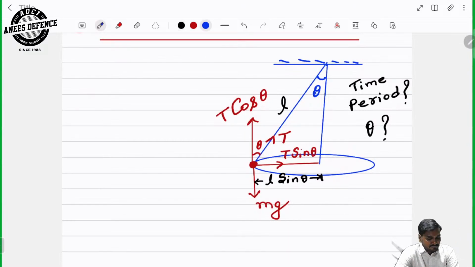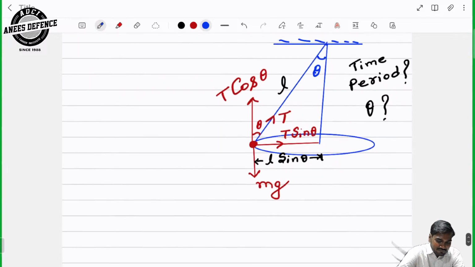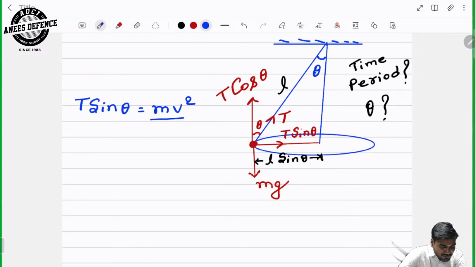The first trick is to find the centripetal force. Centripetal force is T sin theta, and the value of centripetal force is mv square by r. This is equation number 1.